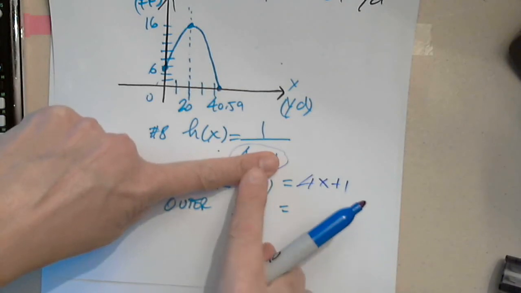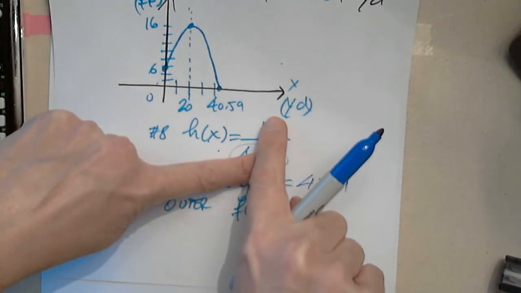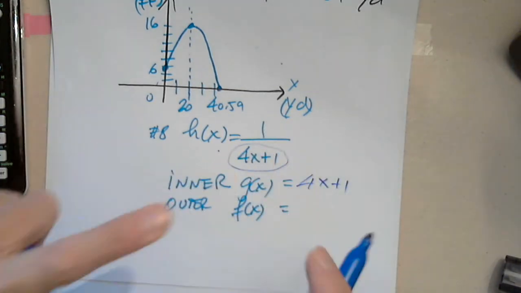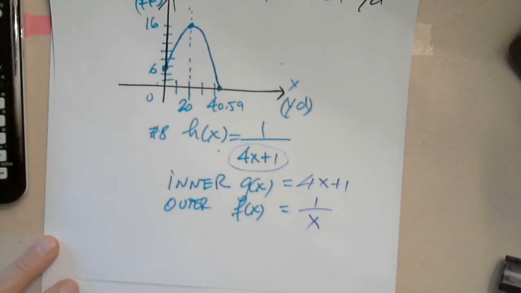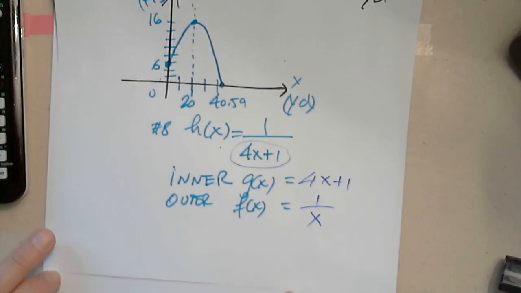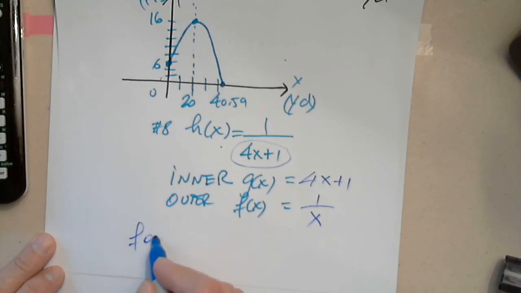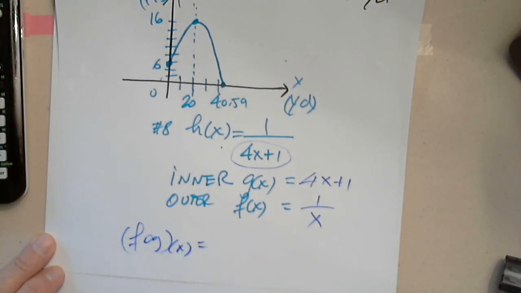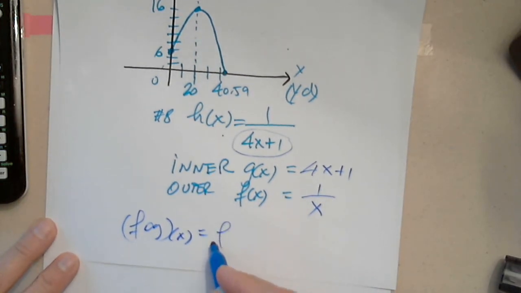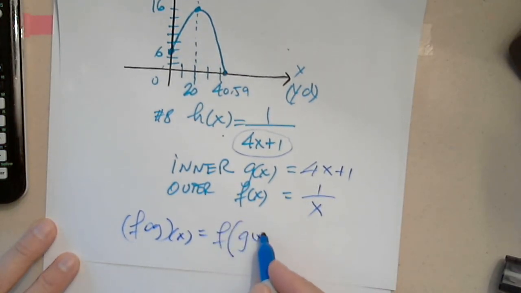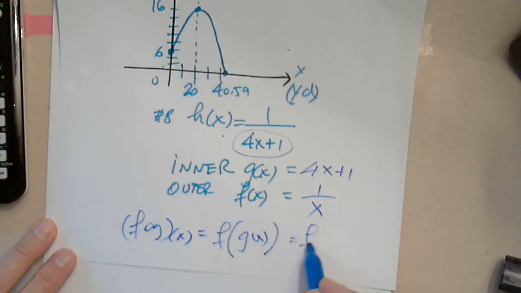And once we get a number for this, we have to apply the function 1 over x. How do I check this? Oh, I have to determine f of g. So do you plug into 1? Yes, so it will be f of g of x, which will be f of 4x plus 1. And since f says 1 over blah, it's 1 over blah.